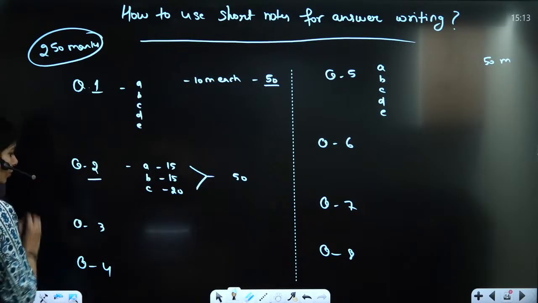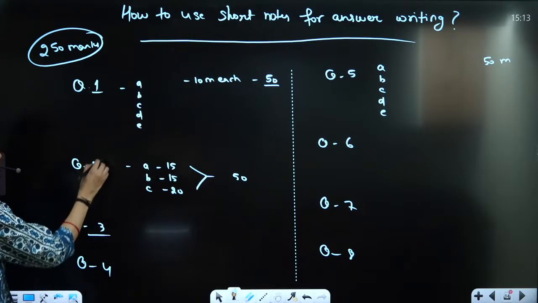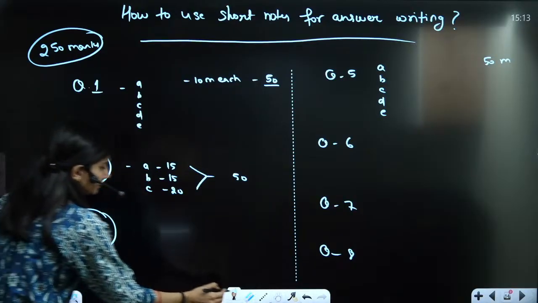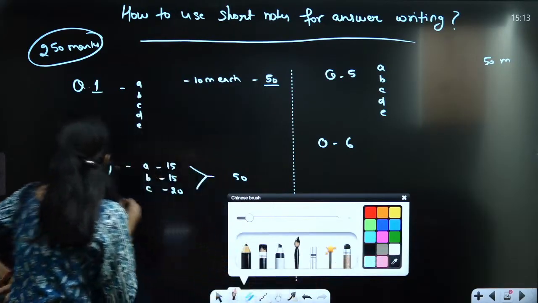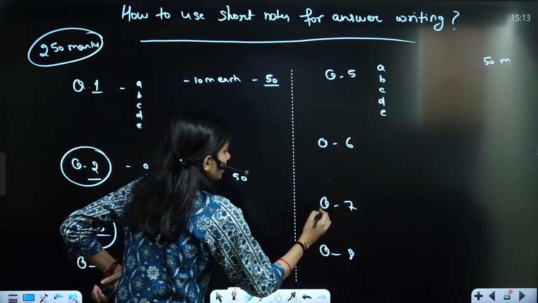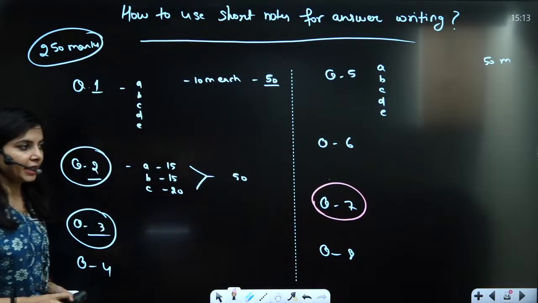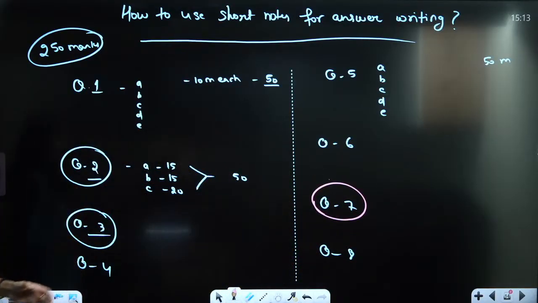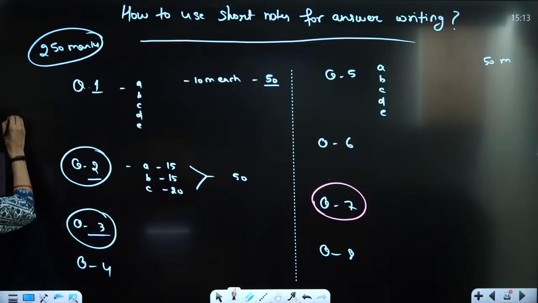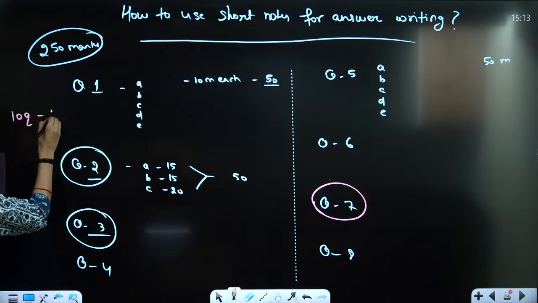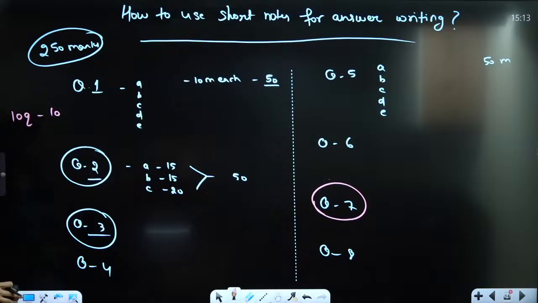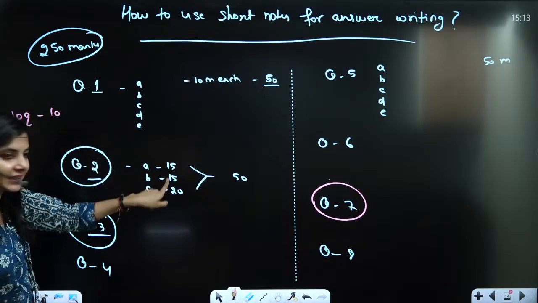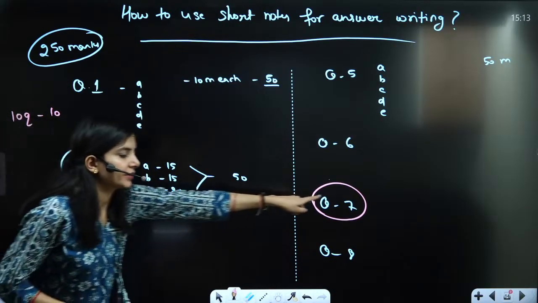So question 2, question 3, let us suppose you are choosing this and this, and you are choosing this. It means in totality, you have to write 10 questions of 10 marks. You have to write one set, two sets, three sets.